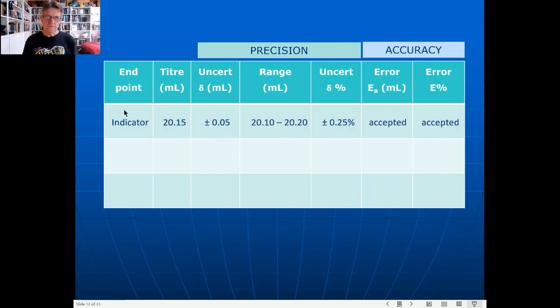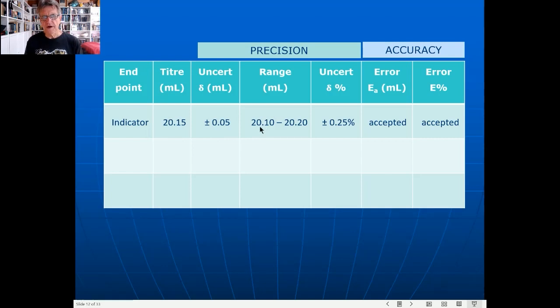Now, according to the titer, that actually changed at 20.15 mils. That's where I got the pink colour change. That was stable for 30 seconds. Now the uncertainty for a burette is half a scale division, so it's half of the 0.1, so it's 0.05.